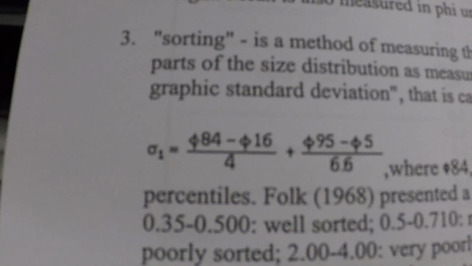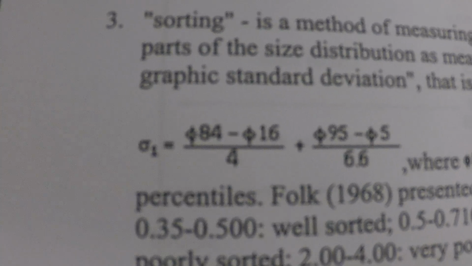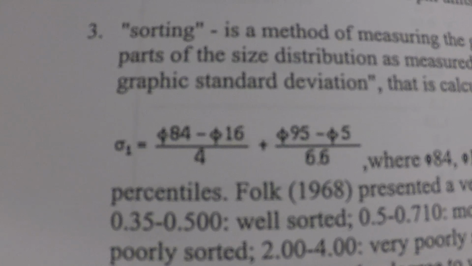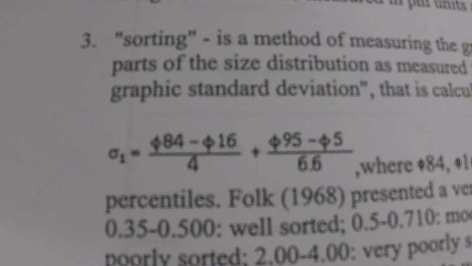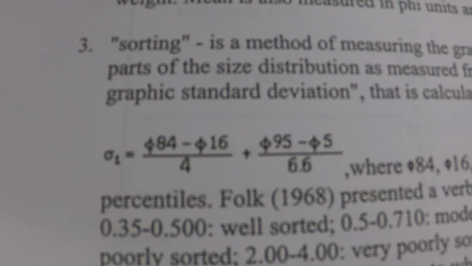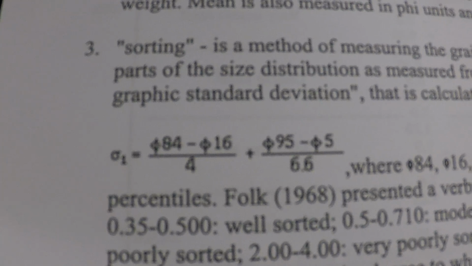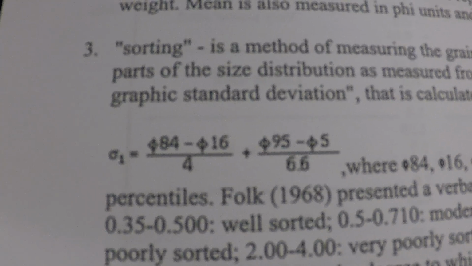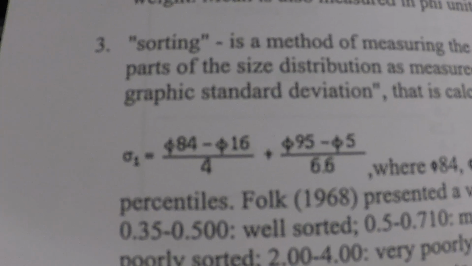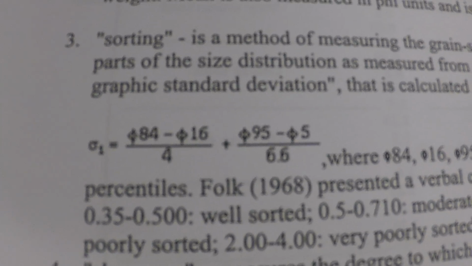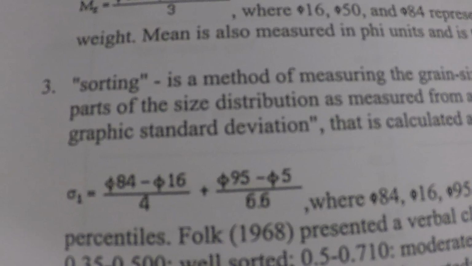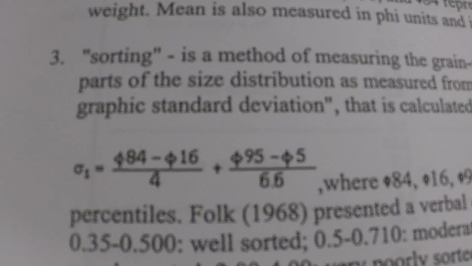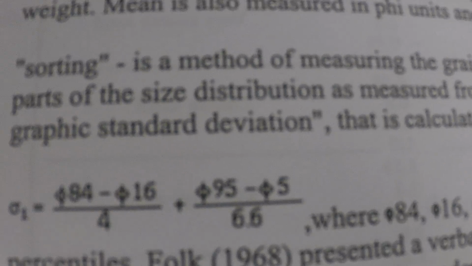If you look at the sorting equation, you'll see here that we've got the sorting coefficient being equal to the phi size at 84 on your graph minus the phi size at 16 on your graph, divided by 4, plus the phi size at 95 and the phi size at 5, divided by 6.6. So that's going to be your sorting value.